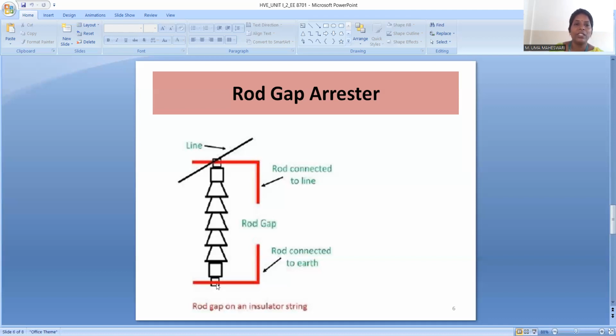The polarity of the surge also affects its performance. This rod gap arrestor is mainly used for low value of spikes. Because of the above limitations, it is only used as backup protection in case of the main arresters.